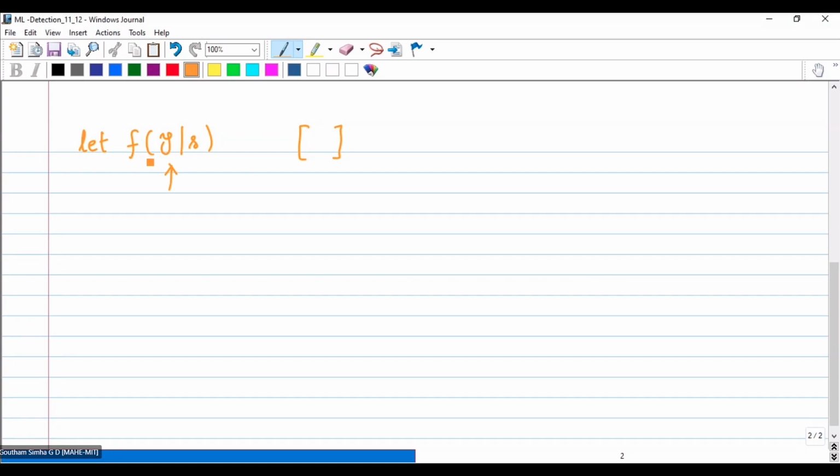Now, for f of y given s, the ML detection criteria is written as argmax over s belonging to capital S to the power of M, f of y given s.